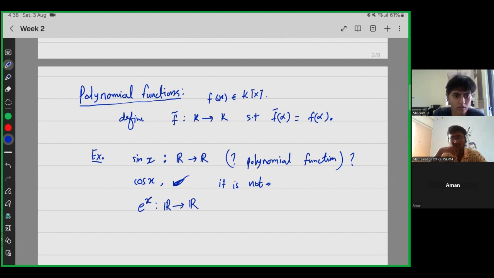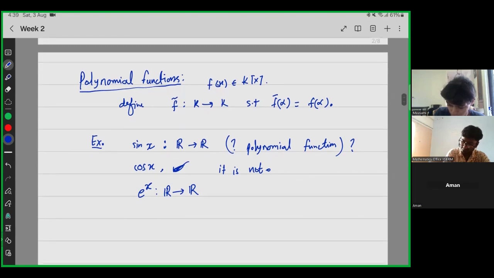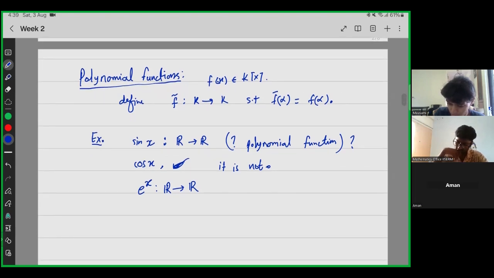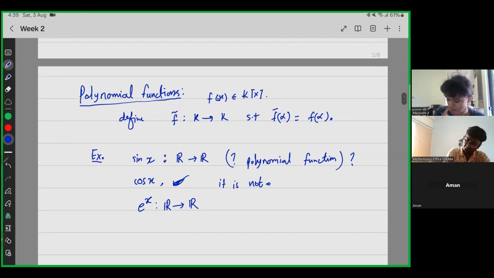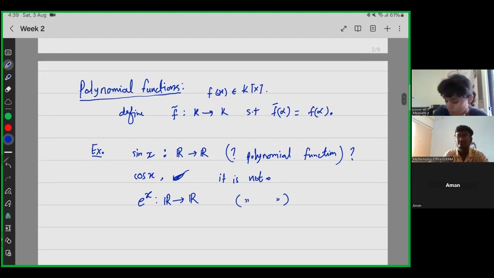Let me check. It wouldn't, because sin and cos are complementary. So it has no roots over complex numbers either.